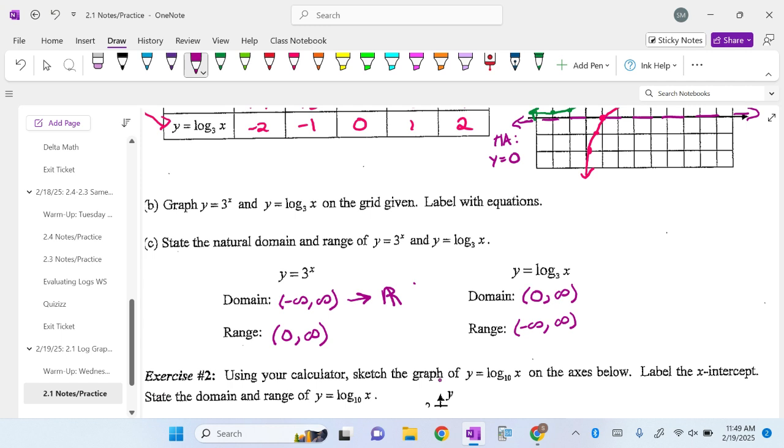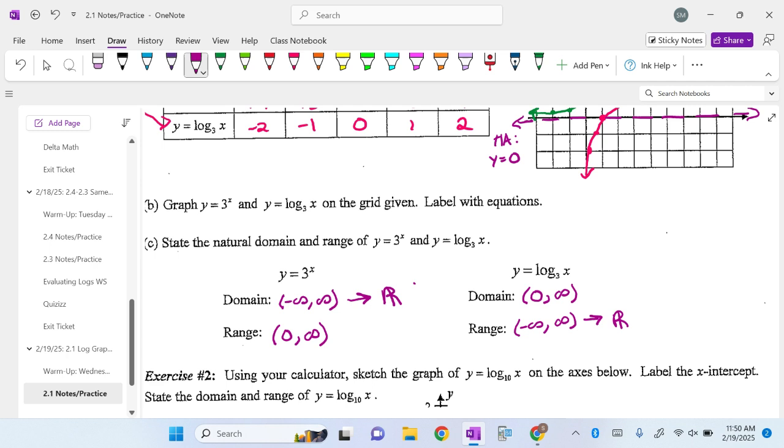And since it goes from negative infinity to positive infinity, we can also state that it's all real numbers. What do you notice about that domain and range? They swapped. They're opposites of each other. So like I said, because they're inverses, literally everything is opposite of each other. Their x's and y's, their domains and their ranges are exact opposites.